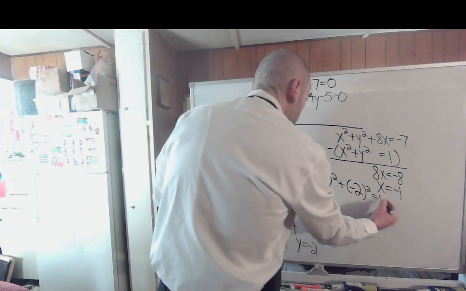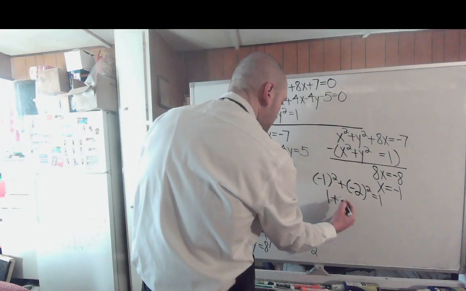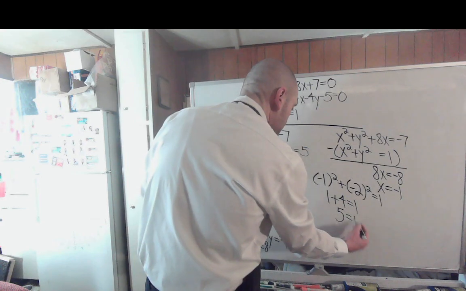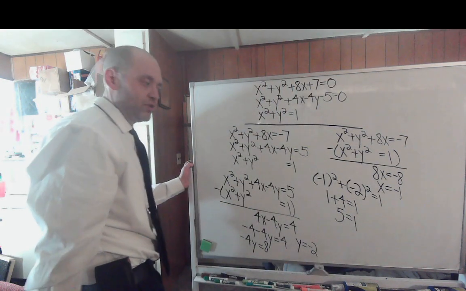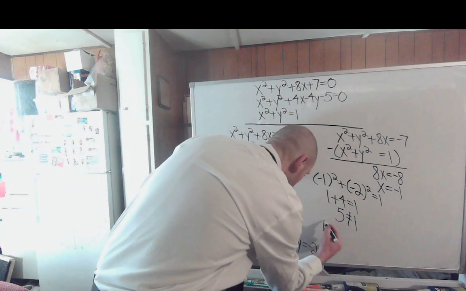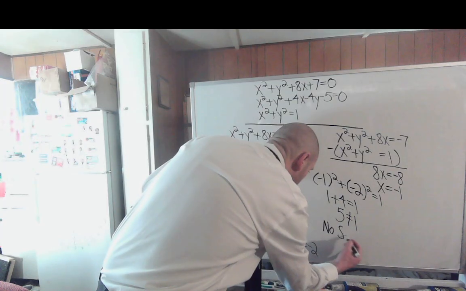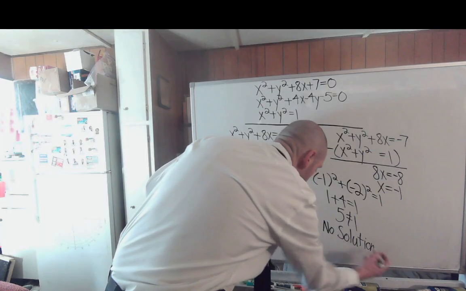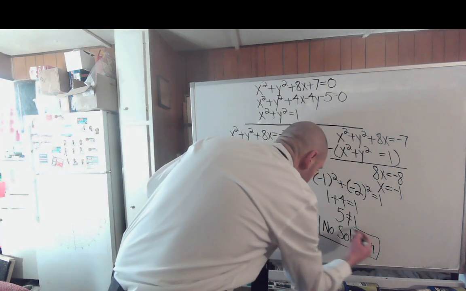Set that equal to 1. Well, you get 1 plus 4 equals 1, which would be like saying 5 equals 1. We know that's not true. 5 does not equal 1. So there's no solution, because if it doesn't work for even one of the equations, then there's no solution.